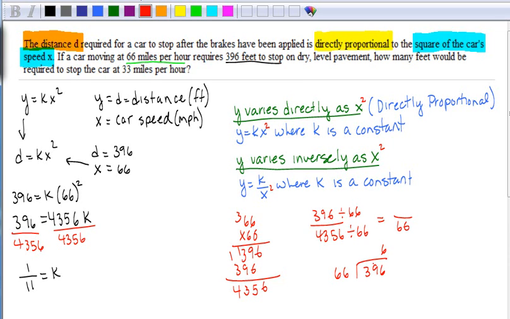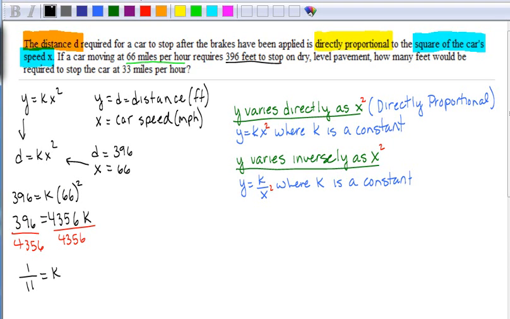You do get 6. And now you could divide 6 into each, and you can see that it's 1/11th. What I probably would have done is just use my calculator, seeing if 396 goes into 4356, and that would have been 11 times, but the numerator is smaller, so that would be 1/11th. So let me erase my scratch.